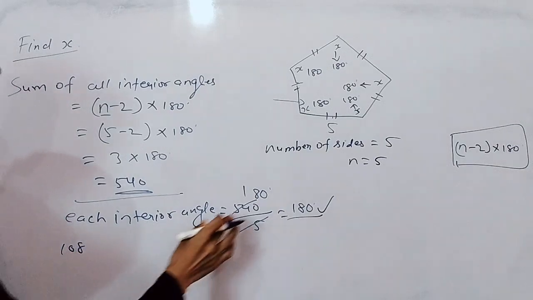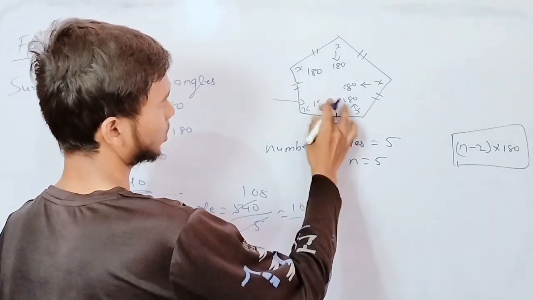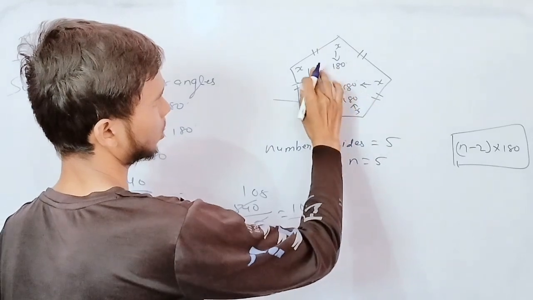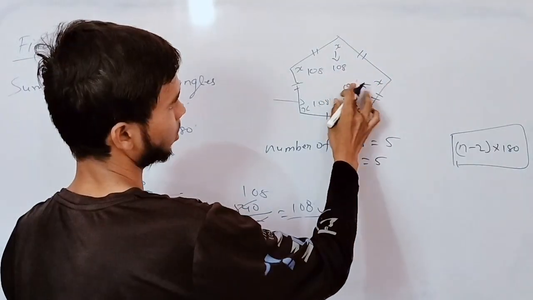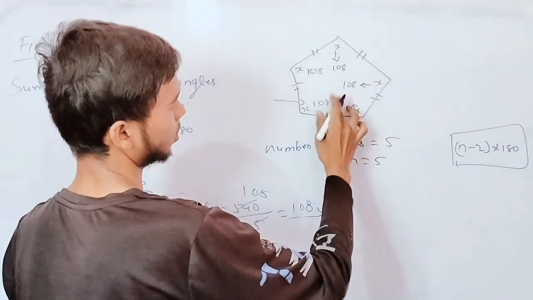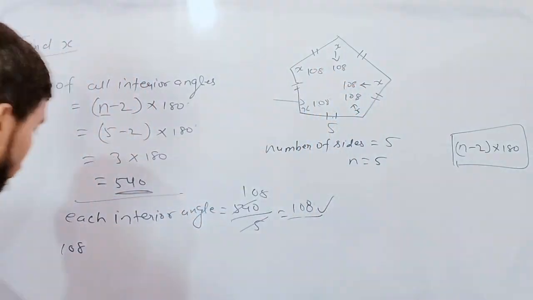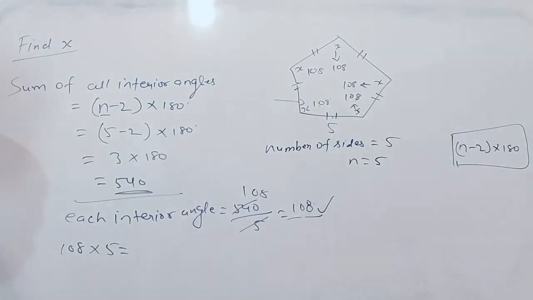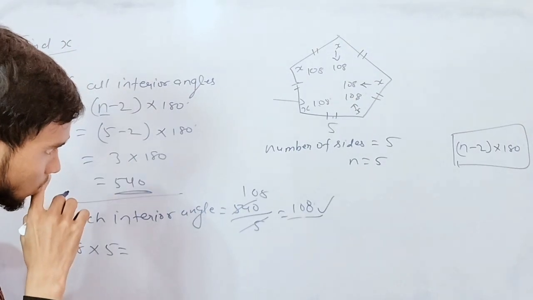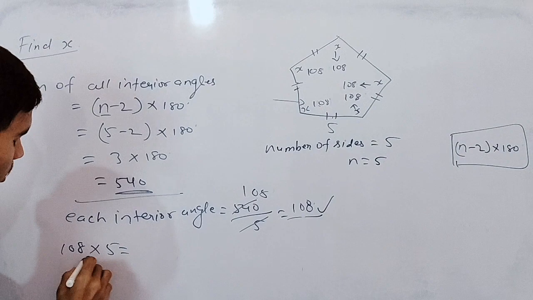One zero eight. 100, 200, 300, 400, 500. So 108 multiplied by 5 should give us how much? 540.